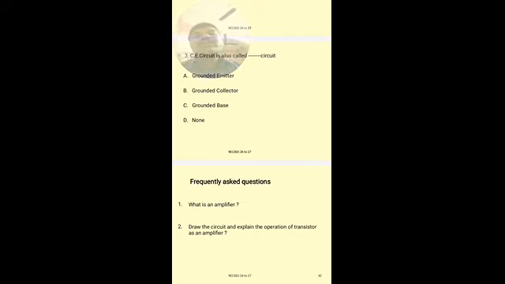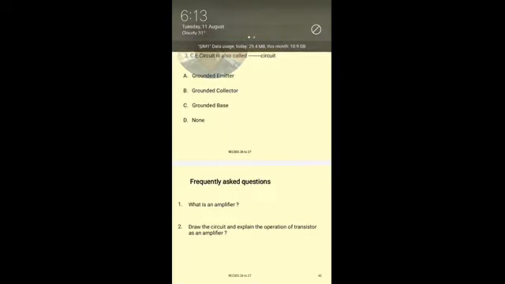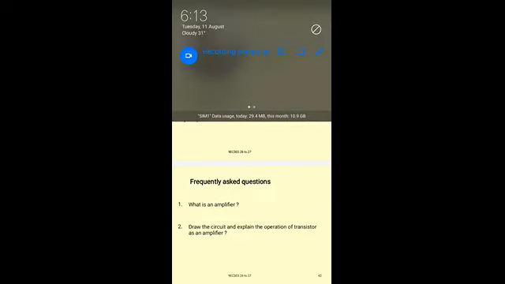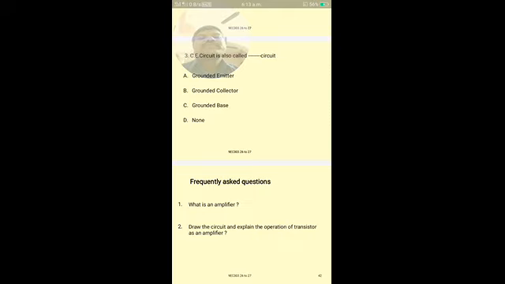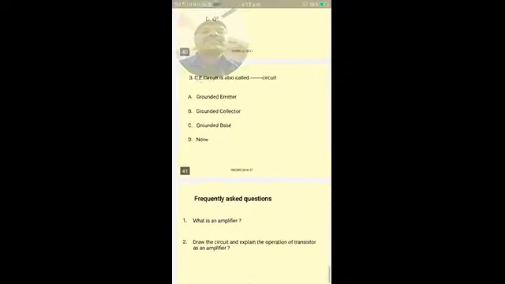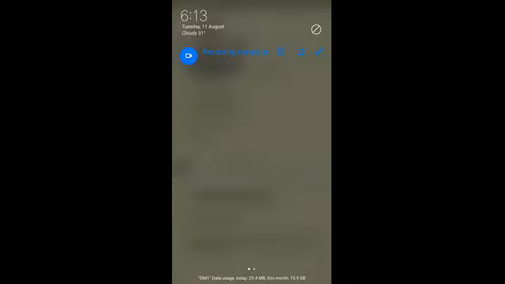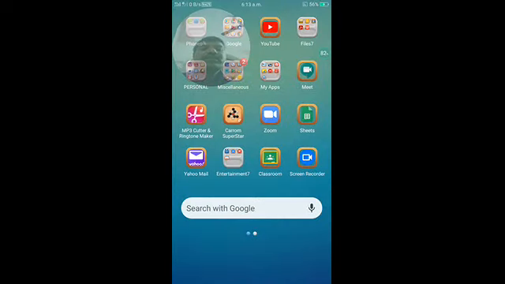So today we have studied how a transistor acts as an amplifier, the different configurations of a transistor, and how a transistor amplifies the signal, and the comparison of CE, CB and CC configurations of a transistor. So we will stop here.